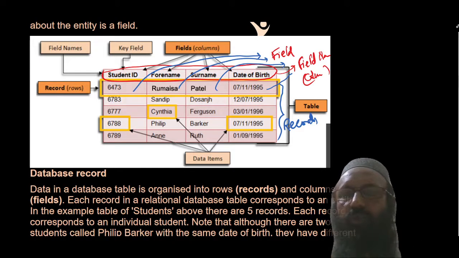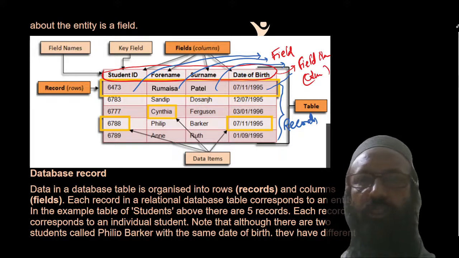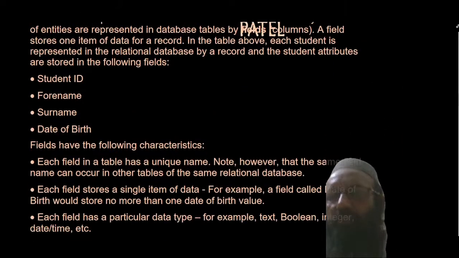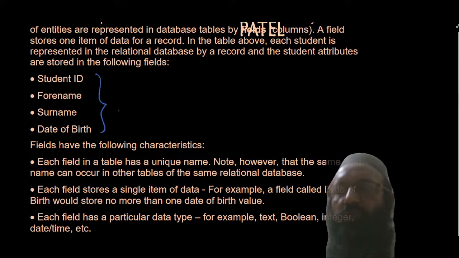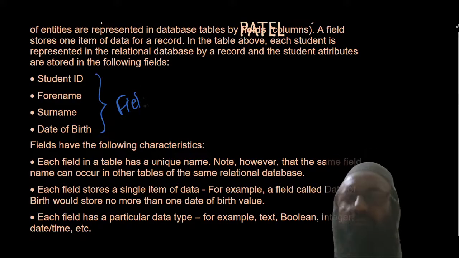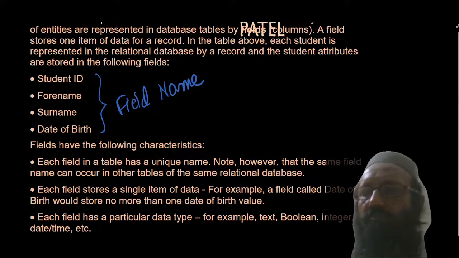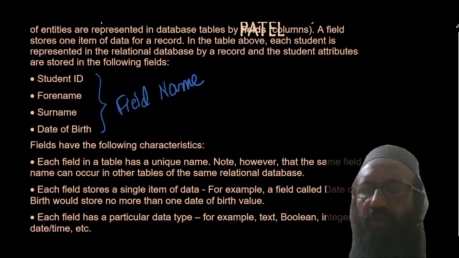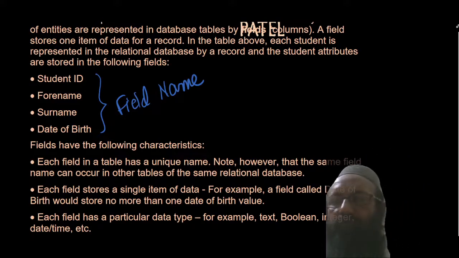These headings, like student ID, first name, surname, and date of birth, are known as field names. Every field has a unique field name. This is a rule that two fields cannot have the same name.